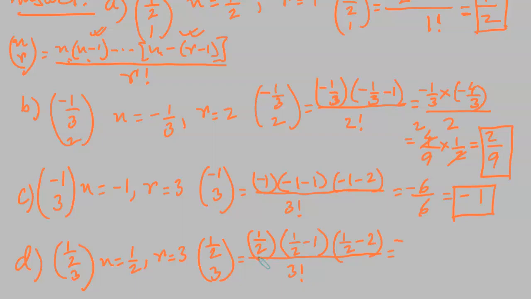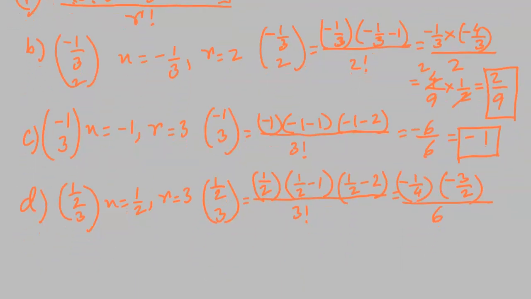So it is negative 1 over 4, and what is this? Minus 2 can be thought of as minus 4 over 2, and half minus 2 is minus 3 over 2. Clear? And 3 factorial is 6.